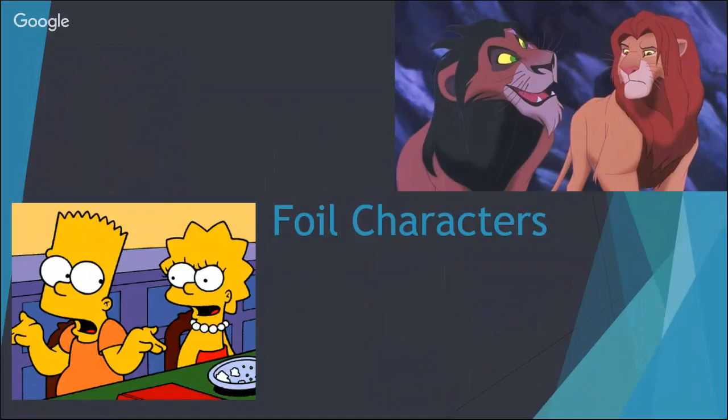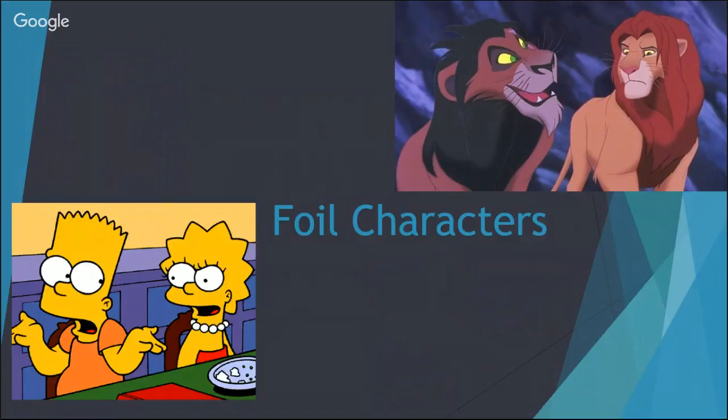If you've ever seen The Simpsons, I think Lisa and Bart are a really good example of foil characters as well. Lisa, she's very practical, she's very logical, in contrast to Bart, right? The jokester, he's always getting in trouble. And Lisa's sort of that good girl, and he's that kind of a rebel character.